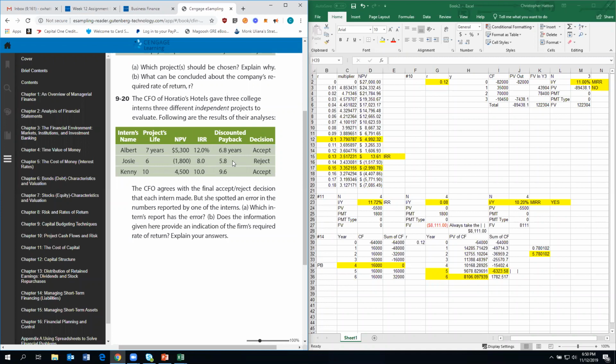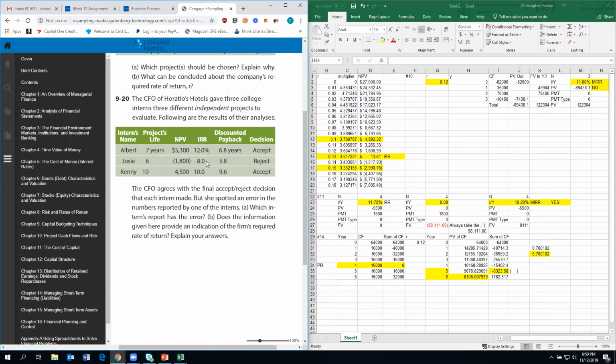So if we have a negative net present value, we assume that the required rate of return is going to be greater than the internal rate of return.